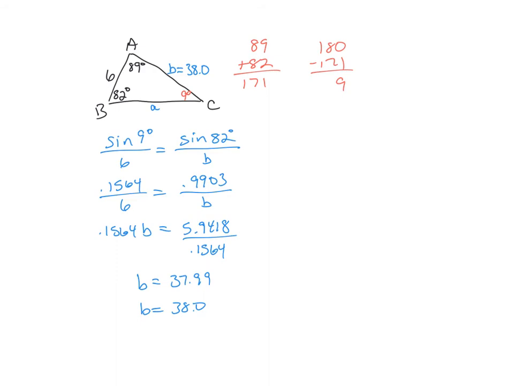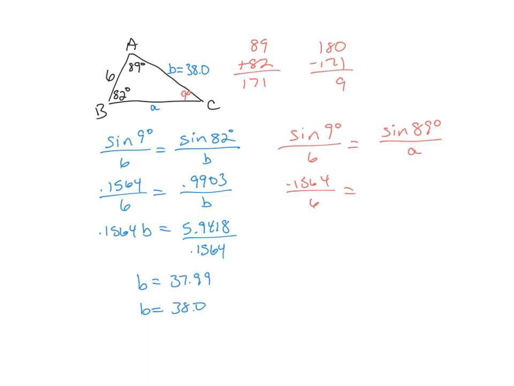And again, I would use sine of 9 degrees over 6 because those are exact values. 38.0 is rounded off. You'll get a slightly more accurate answer. So sine of 89 degrees over A. So it's kind of the same process.